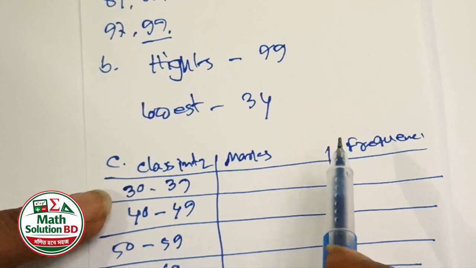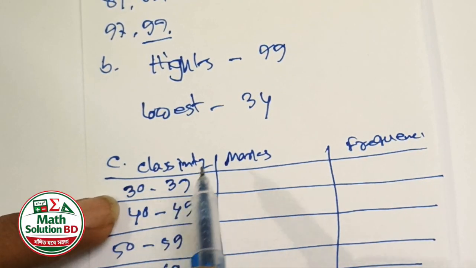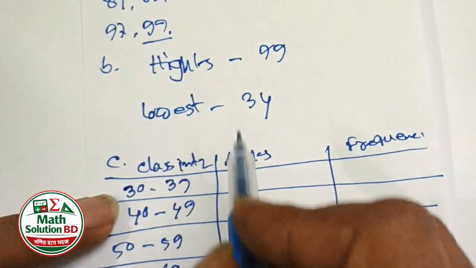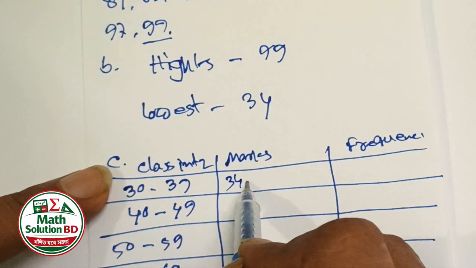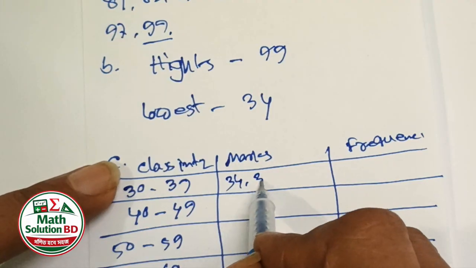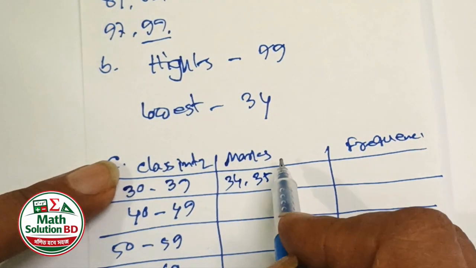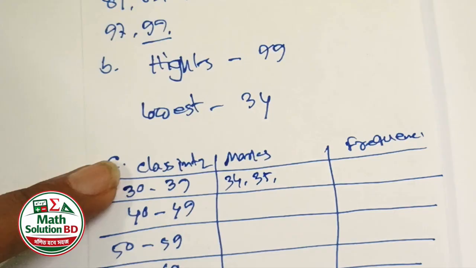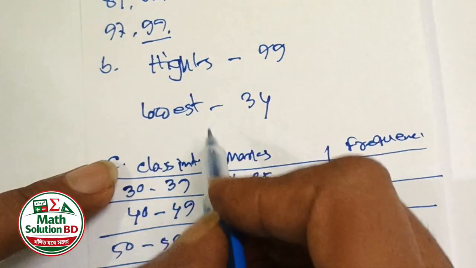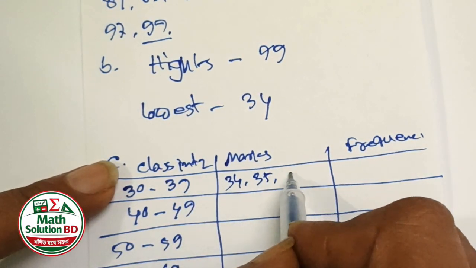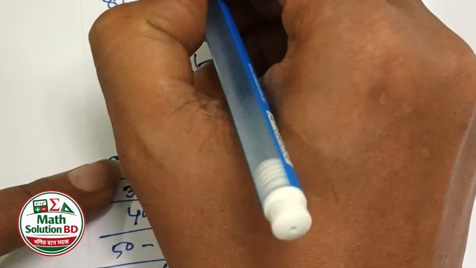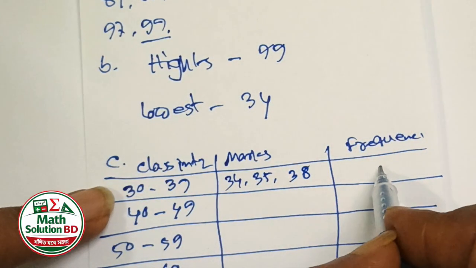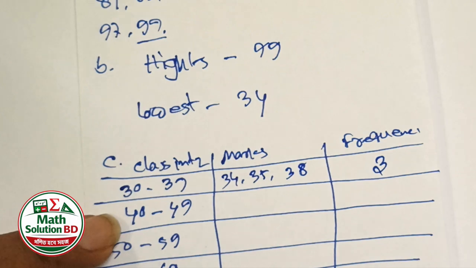That means how many students got 30 to 39? 34, 35, and 38. That means 3 students got 30 to 39.